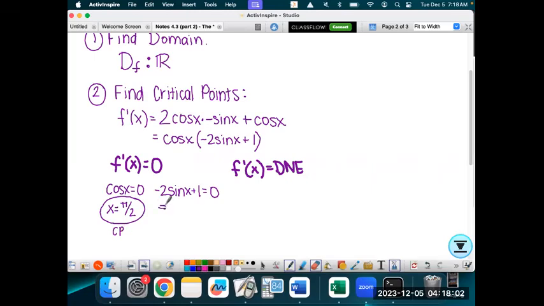Solving this for sine, we got 1/2. So where does sine equal 1/2? Like I've said many times, I don't have the unit circle memorized, so I just build it up. Sine is y, which means I'm looking for y values of 1/2.